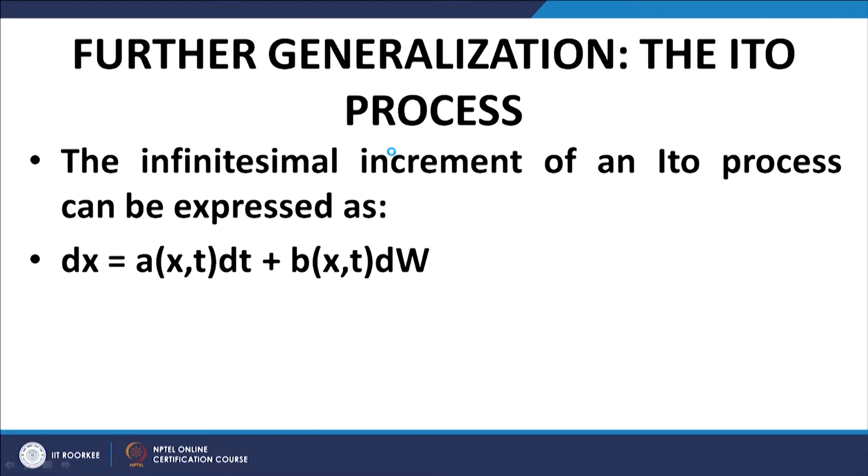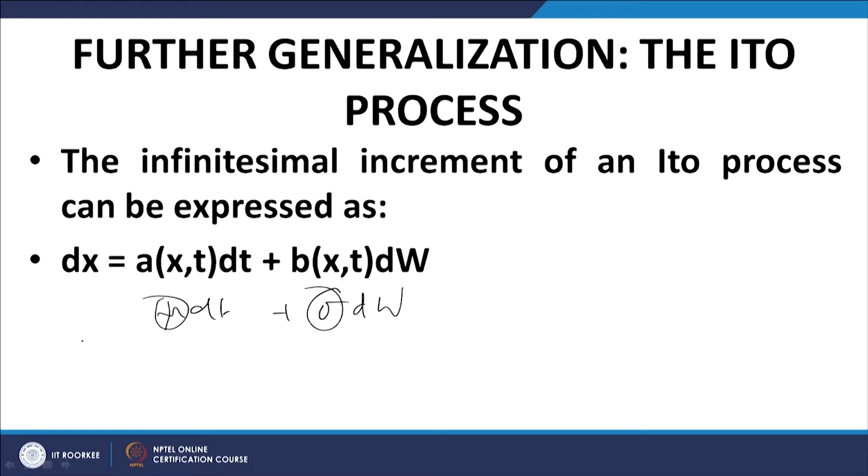Further generalization of the Brownian motion. So far we just now talked about mu dt plus sigma dW. In this case sigma and mu were constants, they were not functions of x or t, they did not change with time or with the stochastic variable, but you can have stochastic processes where both these quantities mu and sigma are functions of x and t.